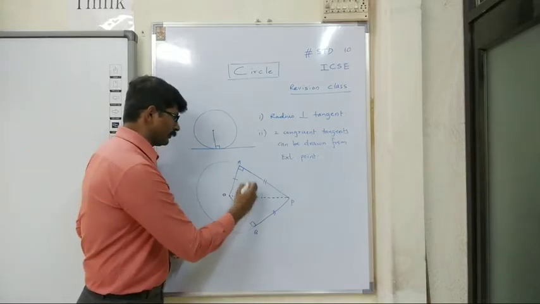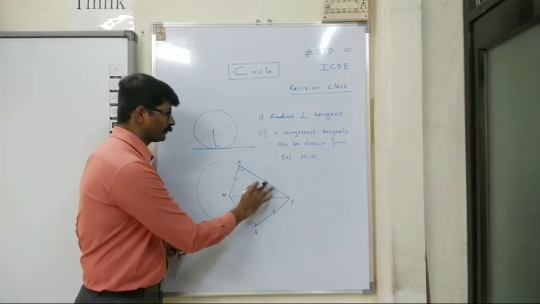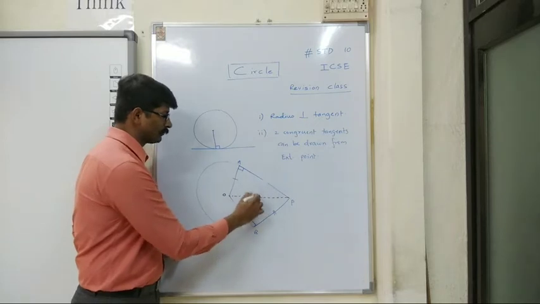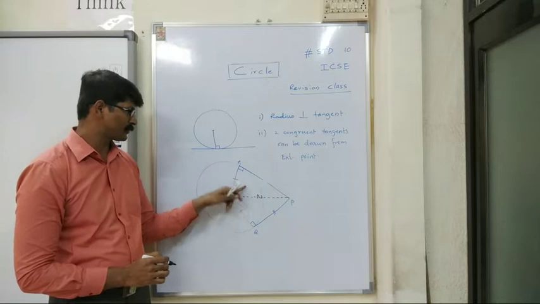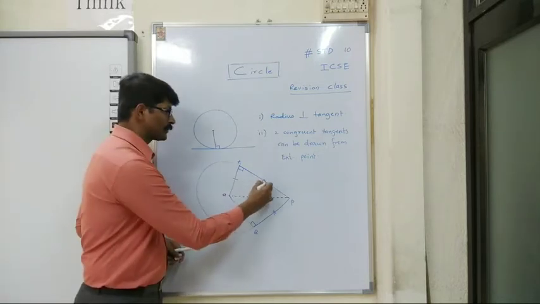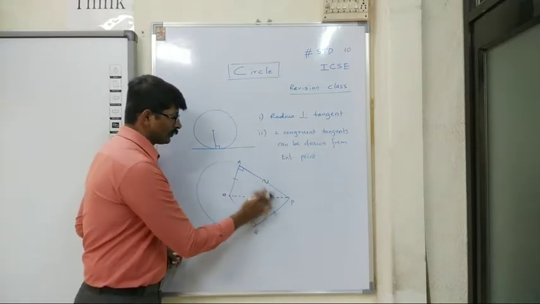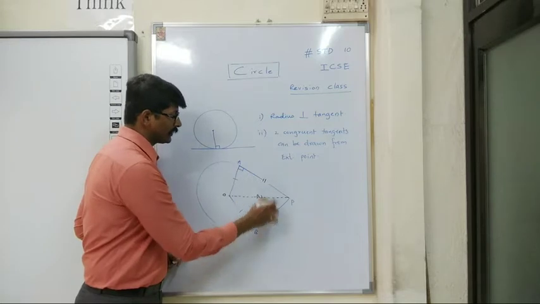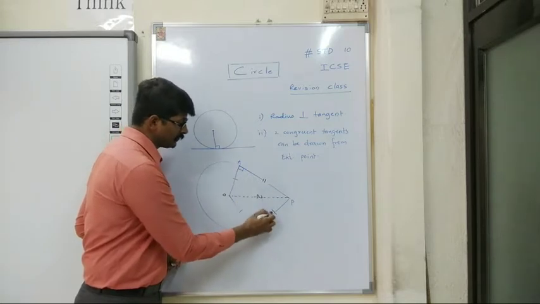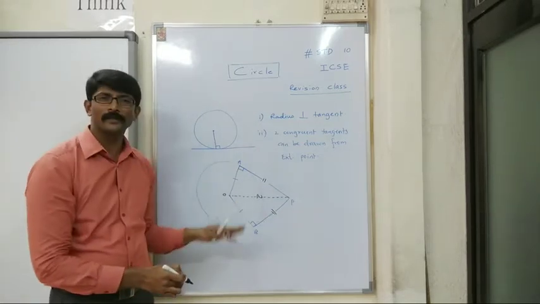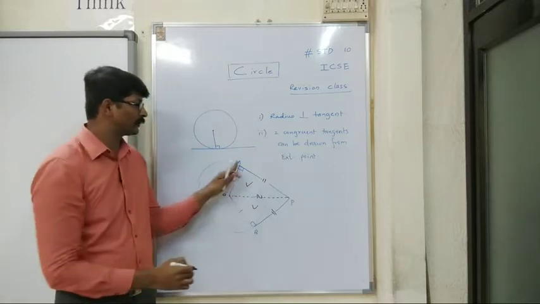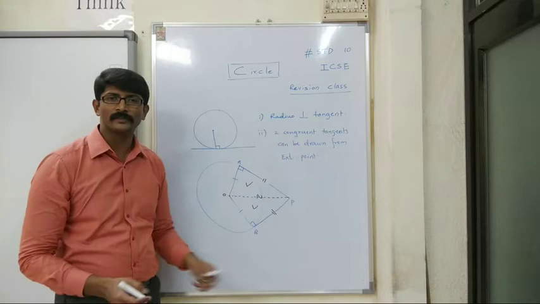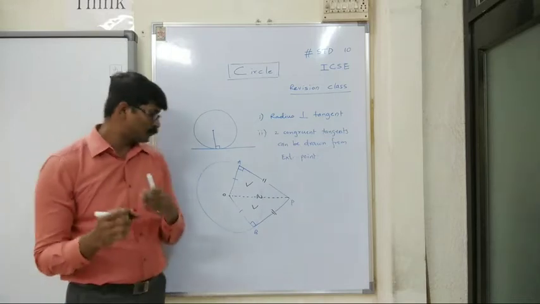These two triangles become congruent by right angle, hypotenuse, and side, so by the RHS test these two triangles are congruent. So side AP will become congruent to side BP. Why? By CPCTC. If these two triangles are congruent, then the corresponding sides are obviously congruent. Now, two more things.